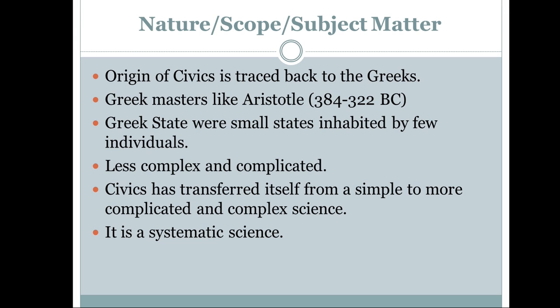So with the passage of time, civics has transferred itself from a simple to a more complicated and complex science, as with the increase in population and different things, there were more complications and complexities.